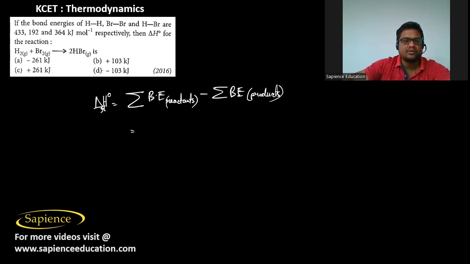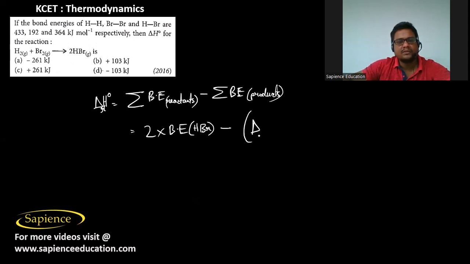So here 2 moles of HBr are formed. So it will be 2 into the bond enthalpy of HBr minus the bond enthalpy of H-H, or I can say the bond enthalpy of H2 plus the bond enthalpy of Br2.